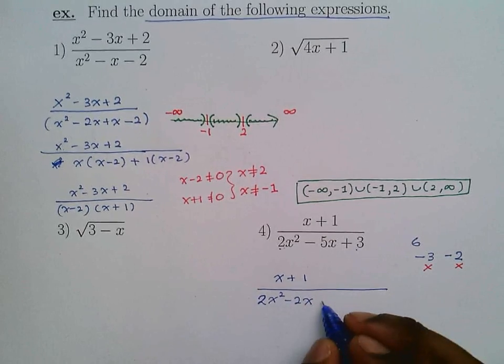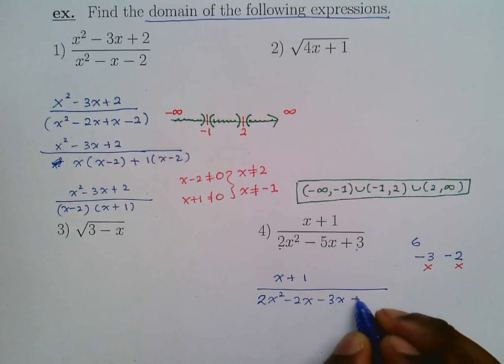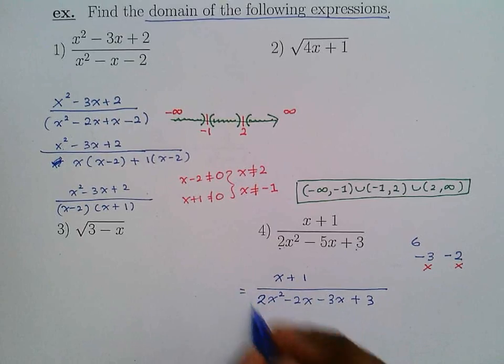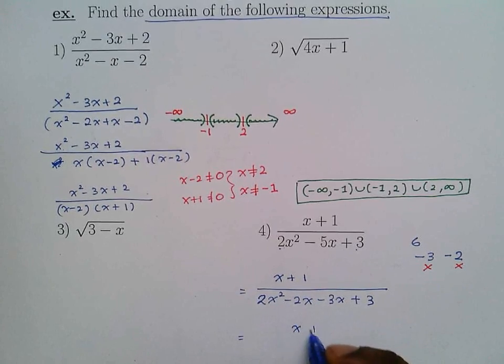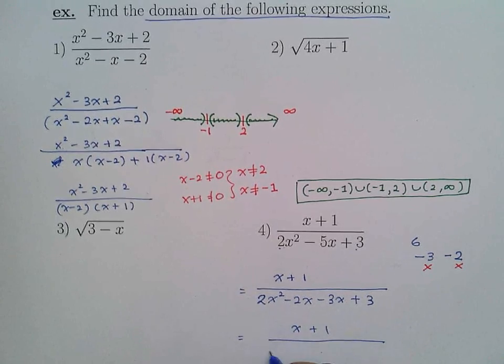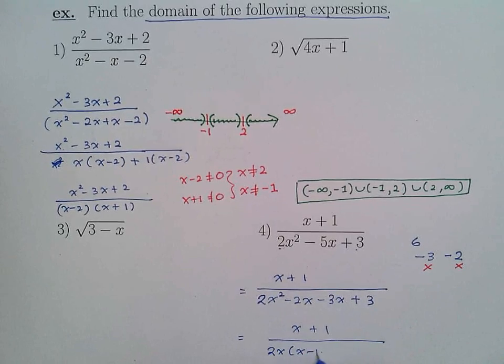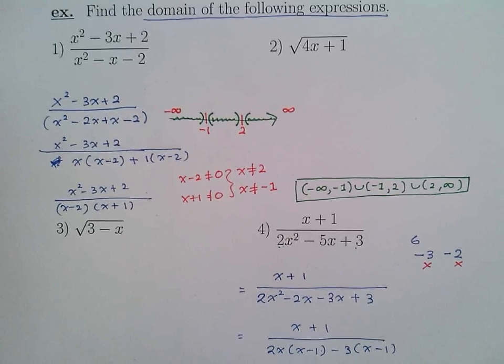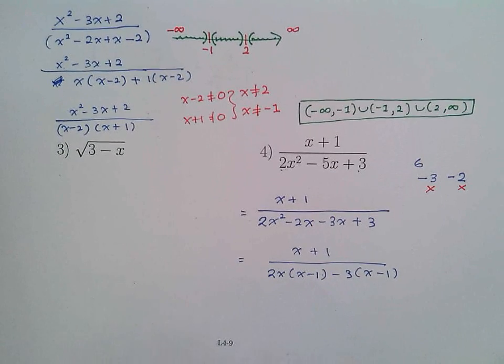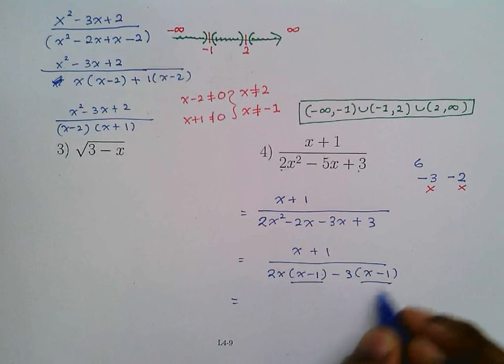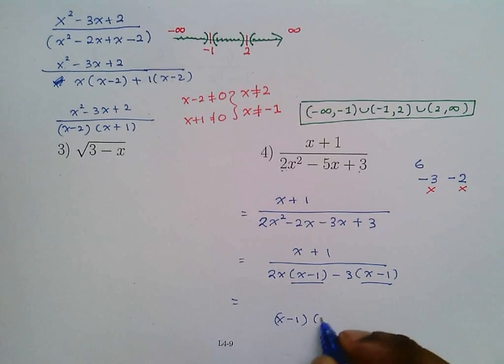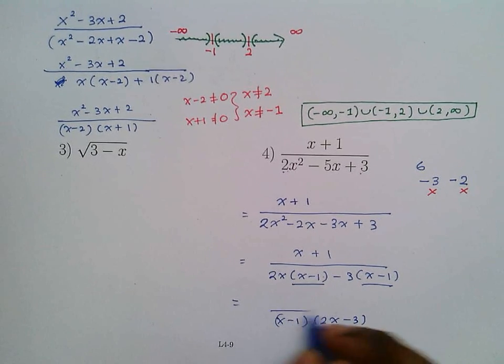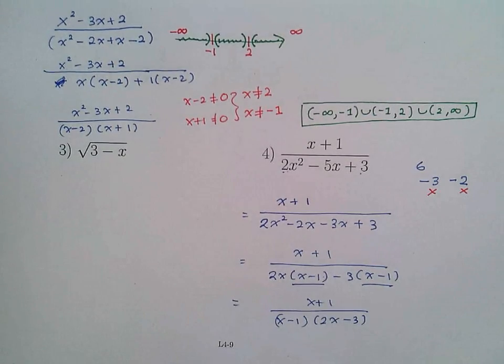So 2x squared minus 2x minus 3x plus 3, which is equal to 2x times (x minus 1) minus 3 times (x minus 1). Now we can see the common factor here, take it out: (x minus 1)(2x minus 3), and x plus 1 is on the top.